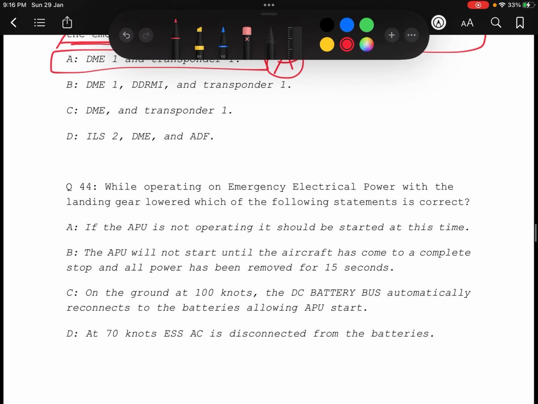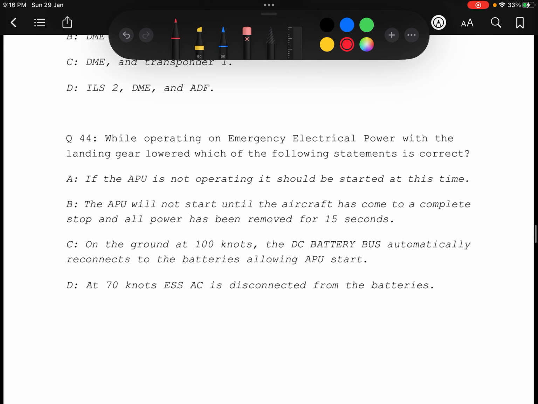Moving forward to question number 44: while operating on emergency electrical power, with the landing gear lowered, which of the following statements is correct? On the ground at 100 knots, the DC BAT bus automatically reconnects the batteries, allowing APU start. Is it clear?